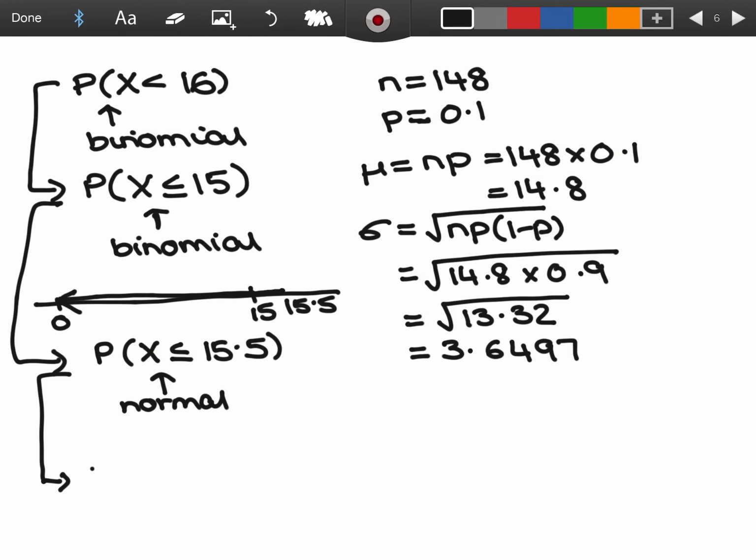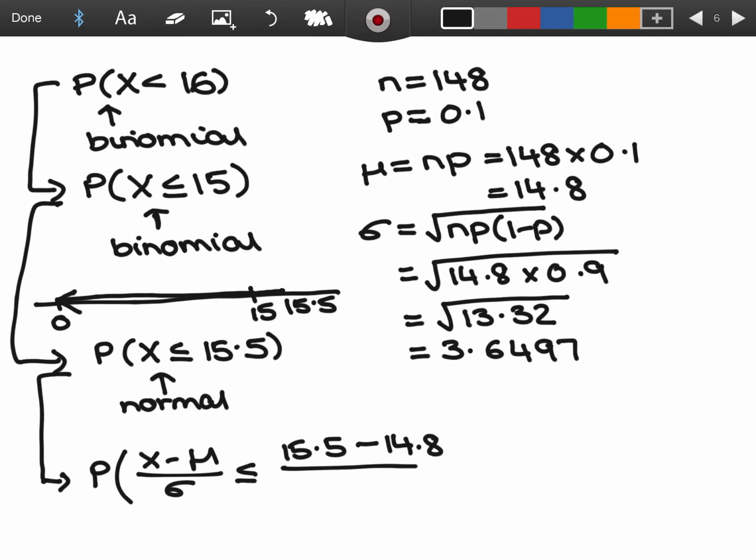If I do x minus the mean divided by the standard deviation to both sides, I get 15.5 minus the mean of 14.8, divided by the standard deviation.